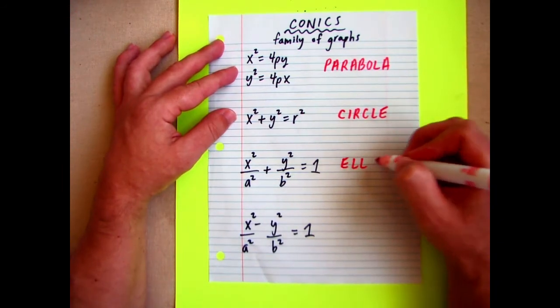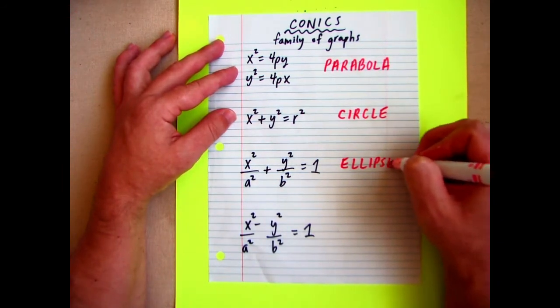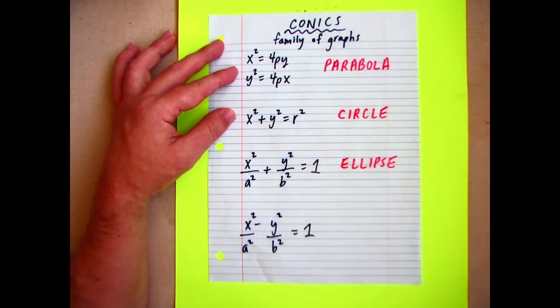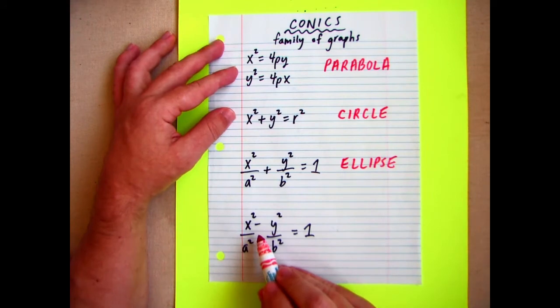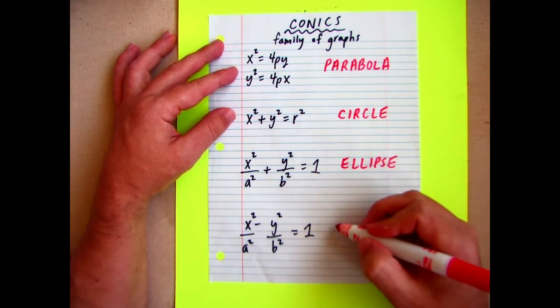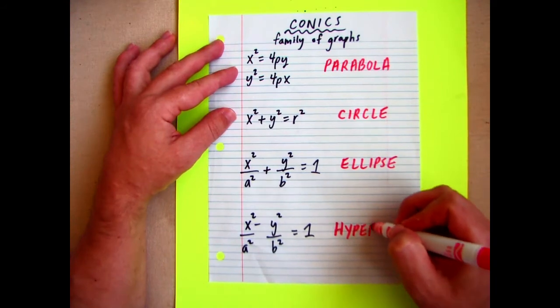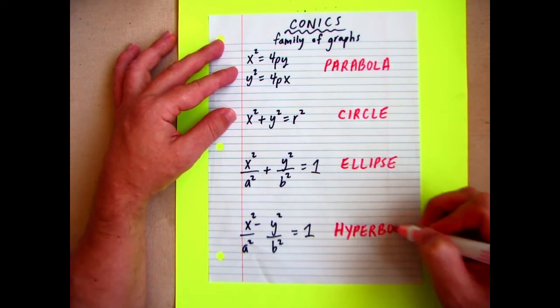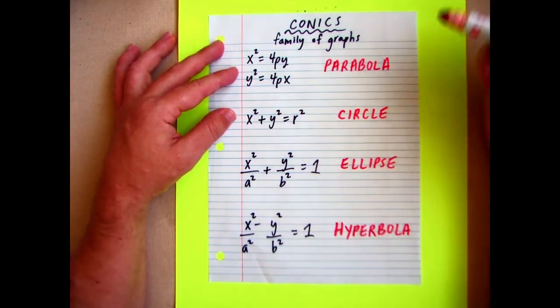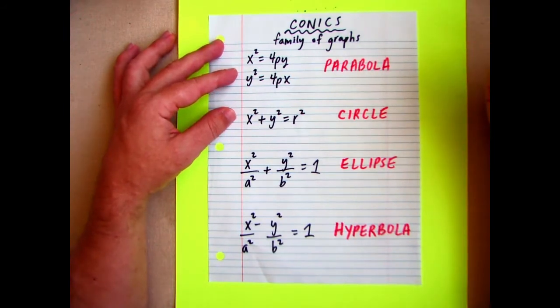We have an ellipse, and the key point to an ellipse was having that plus sign in the middle, and it had to equal 1. And the last one, when there was a minus sign in the middle and it equaled 1, that was a hyperbola. So these are the four main graphs for the conics family.